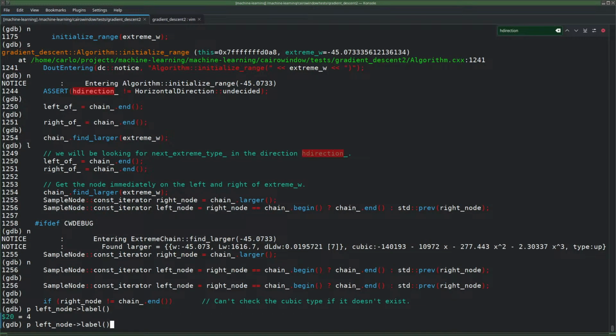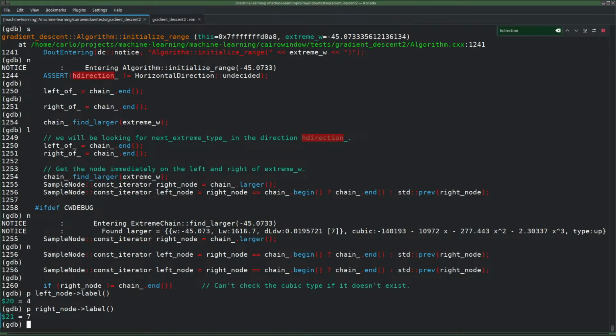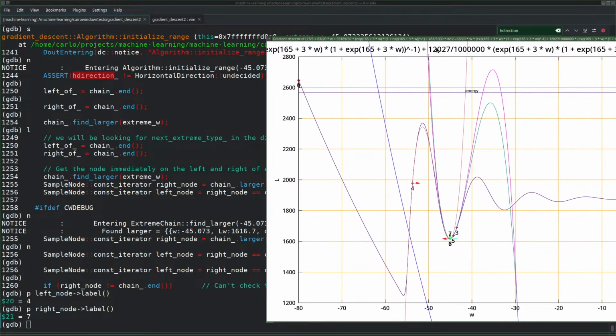Yeah, 4. 4 and 7. So 4 is far away and 7 is immediately next to it, but on the right.